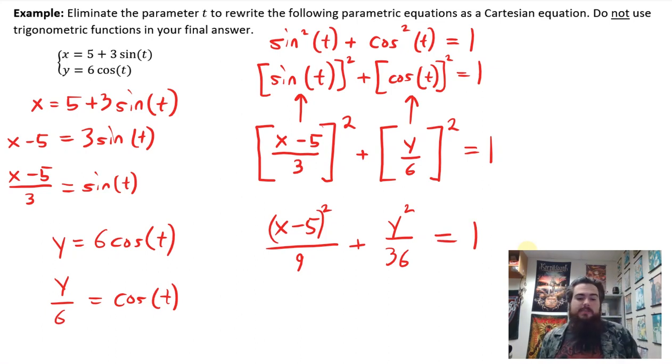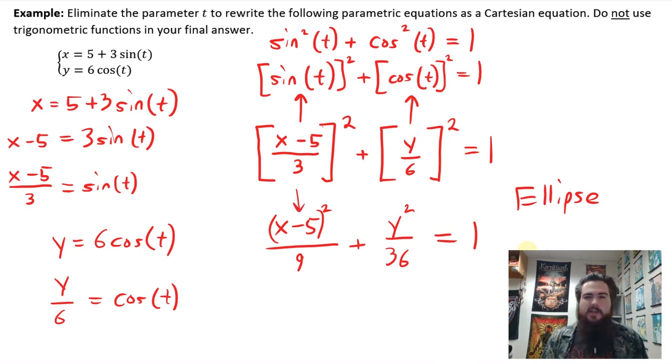I mention this because this may be a little bit more familiar to you if you've seen equations like this in the past, as what we have created here is an ellipse. This is an ellipse that is centered at 5, 0 based on the value inside of here.